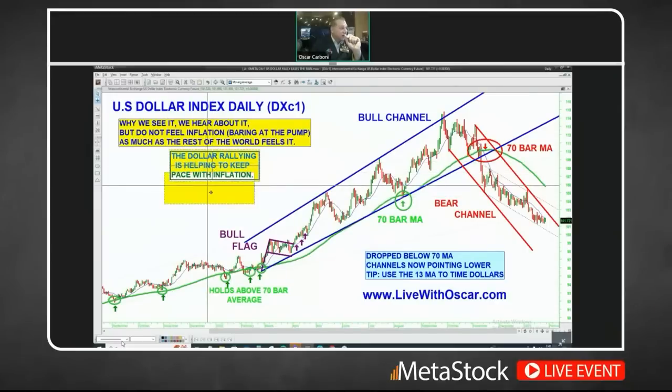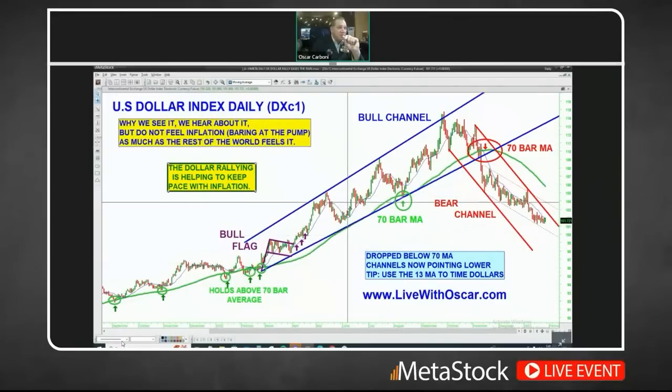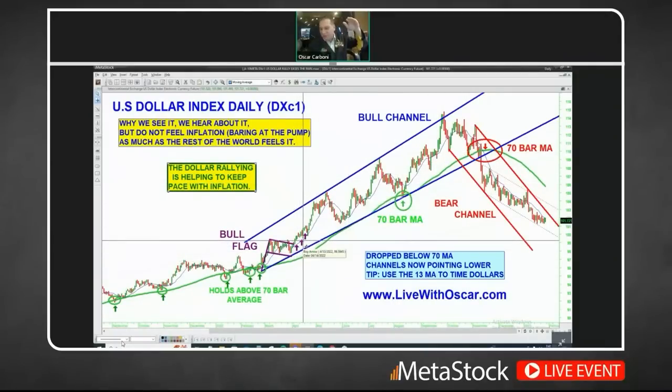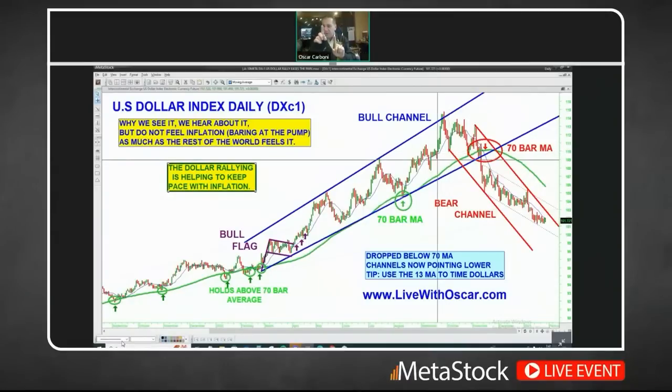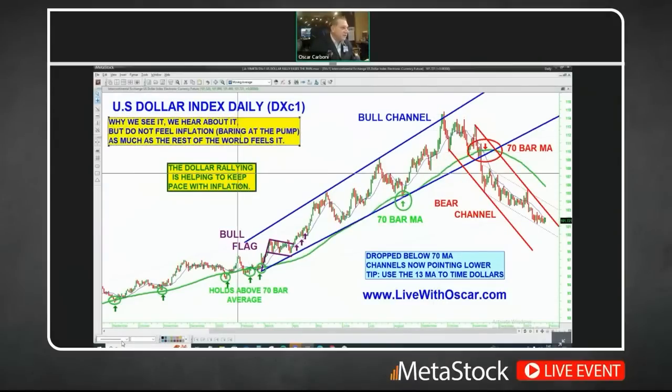Because the dollar was moving up and keeping pace in some ways with inflation. So while we had this inflationary environment that was building before the Fed started raising rates, and of course built after the Fed raised rates, the dollar went up at the same time. All right, so if prices of things at the store are going up and your buying power currency is going up, it's not as lethal as, let's say, the euro, what was happening in Europe, right? That's what we were talking about in the past.